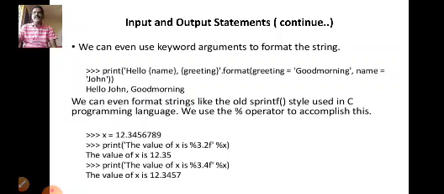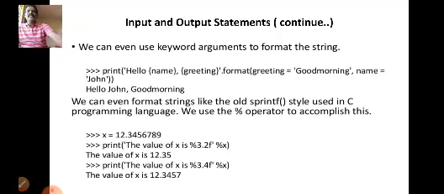Okay, we can even format strings like the old sprintf style used in the C programming language. We can use the percent operator to accomplish this. So here x is equal to 12.34. Print the value of x is %0.2f, %0.4f.